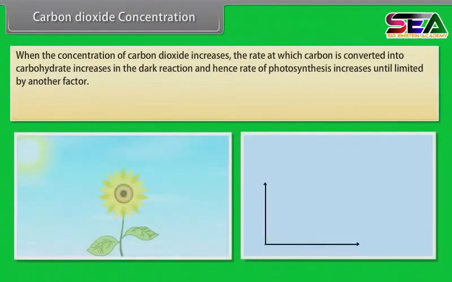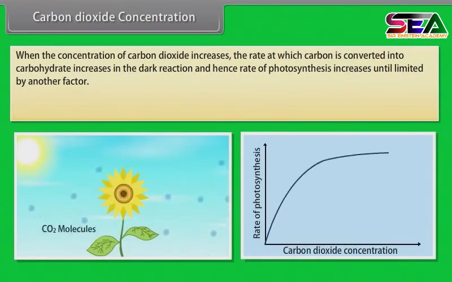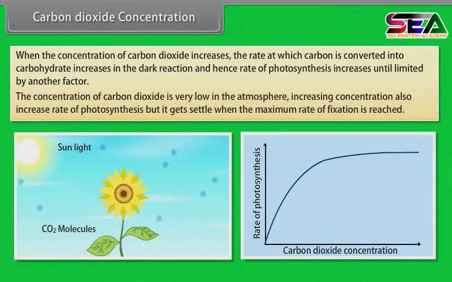When the concentration of carbon dioxide increases, the rate at which carbon is converted into carbohydrate increases in the dark reaction, and hence the rate of photosynthesis increases until limited by another factor. The concentration of carbon dioxide is very low in the atmosphere.